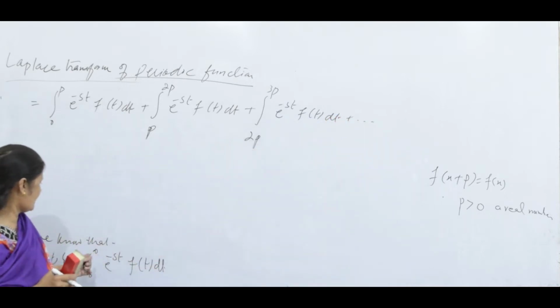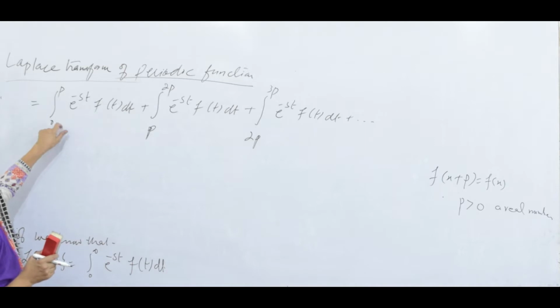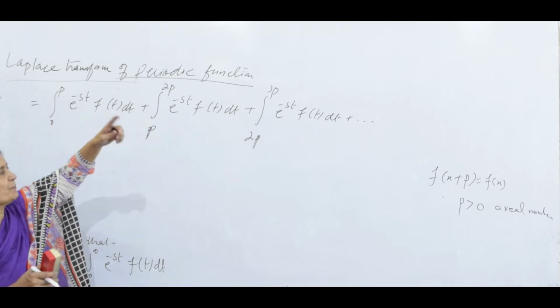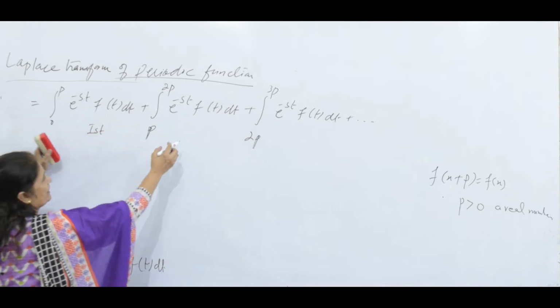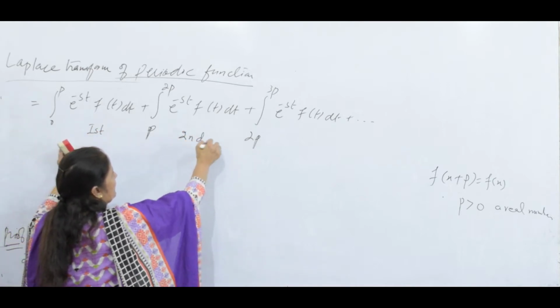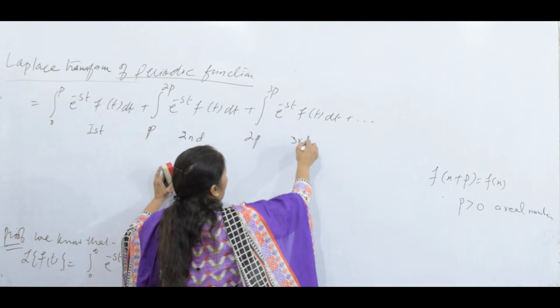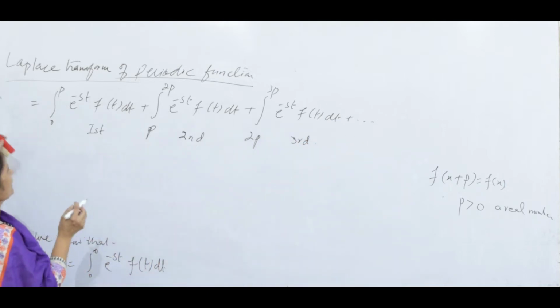So 0 to infinity I can separate into 0 to p, p to 2p, 2p to 3p and so on. This is the first integral, this is second, this is third.